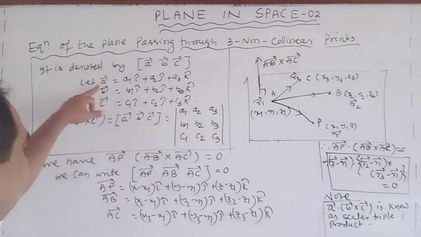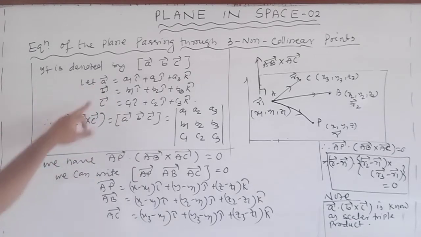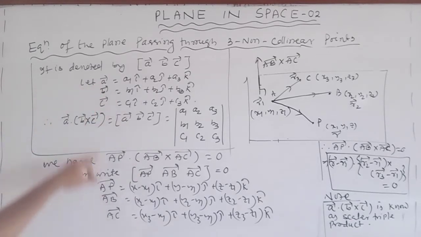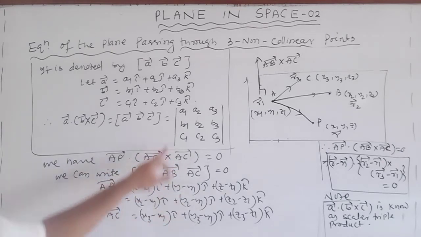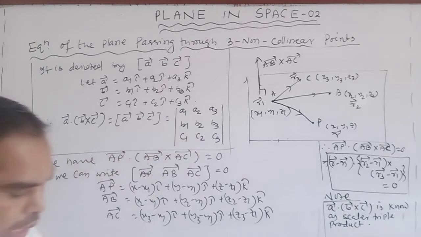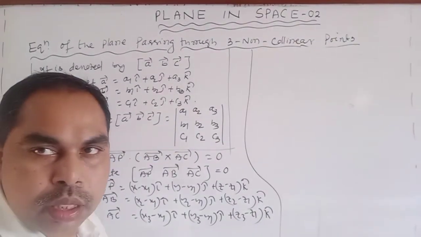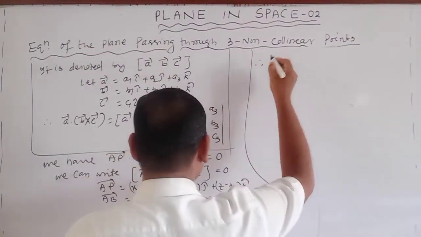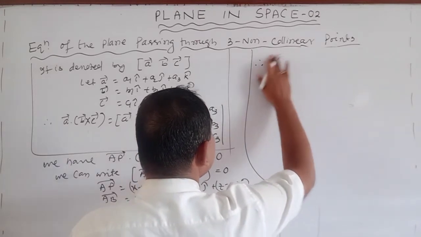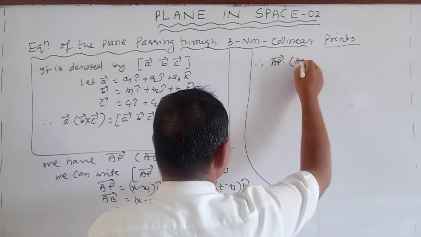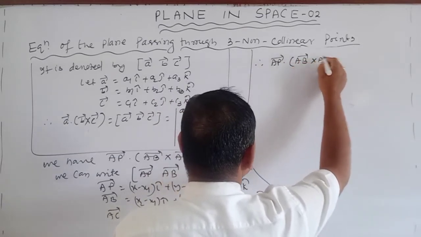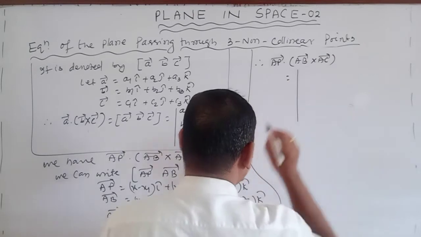So देखो, compare करो: small a vector means AP vector, small b vector means AB vector, small c vector means AC vector. Okay. तो AP dot AB cross AC means determinant form. Therefore AP dot AB cross AC is equal to determinant form.